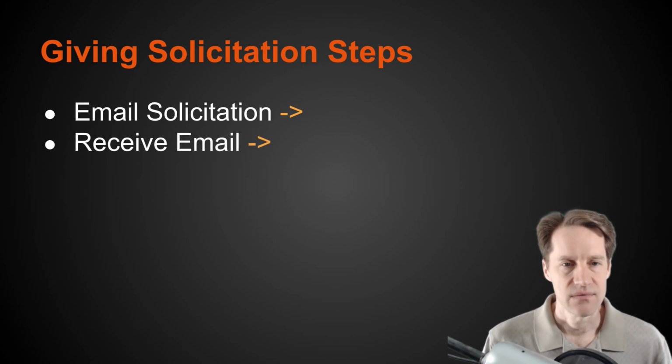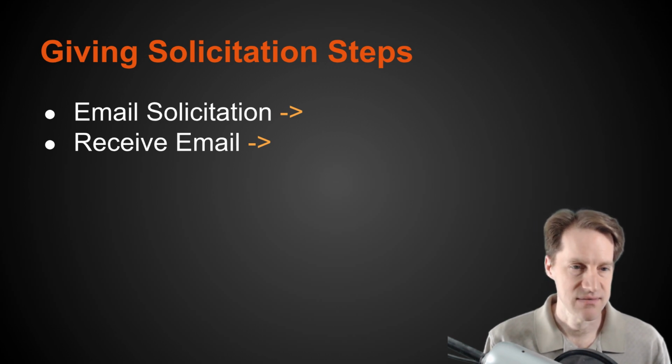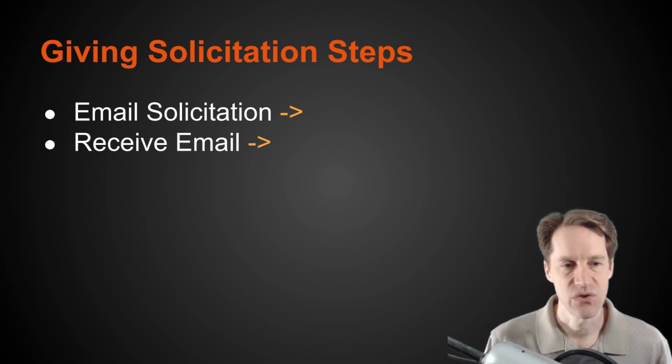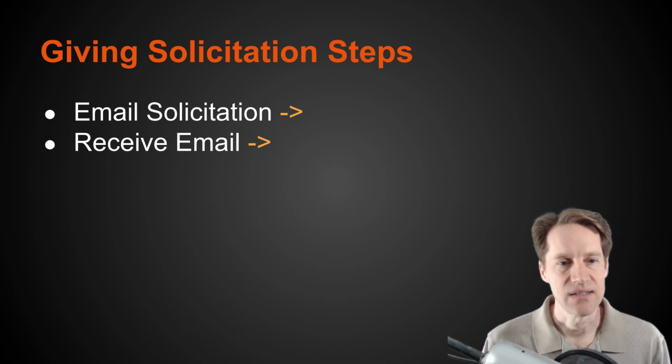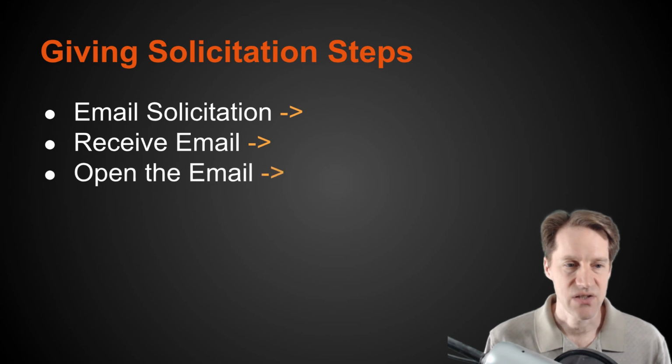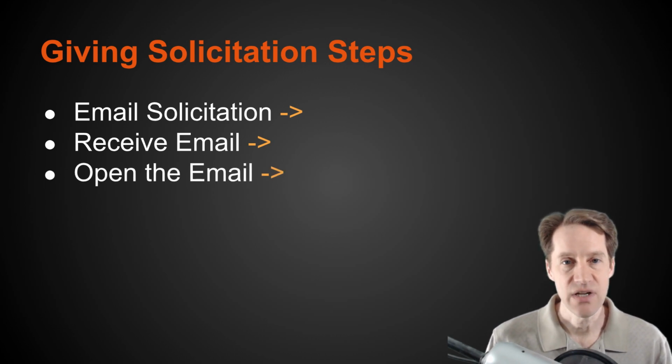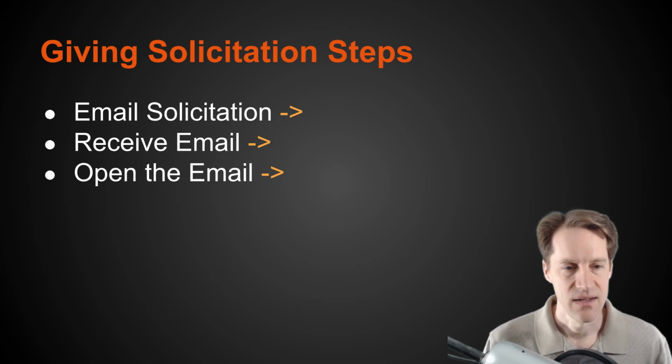Now, one of the things you ideally want to try and measure is that first your prospects, whomever you send it to, have to receive that email. So it needs to be reliably delivered to their inbox. And then once that email is there, they actually have to look at it, be intrigued enough by the subject line to actually open your email. So that's another step to get over.